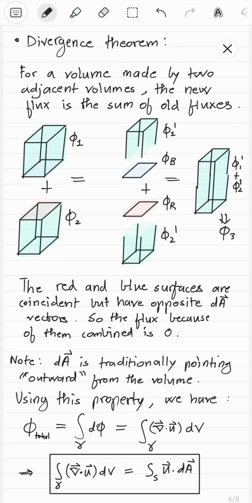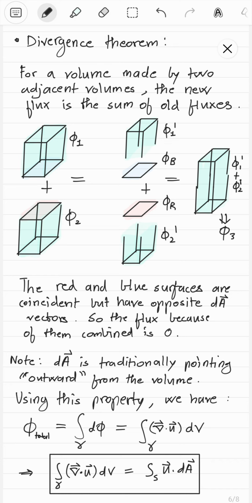So now using this fact, what you can do is integrate our flux through infinitesimal volumes and add all of these fluxes together, and the net flux that you get will be the flux through the boundary of the final volume you have. So basically the flux through the surface of any volume is given by the integration of d phi, where d phi is the flux through an infinitesimal volume.